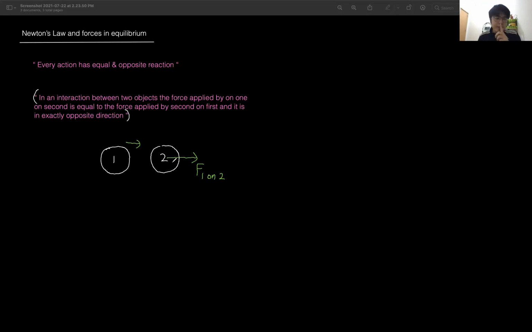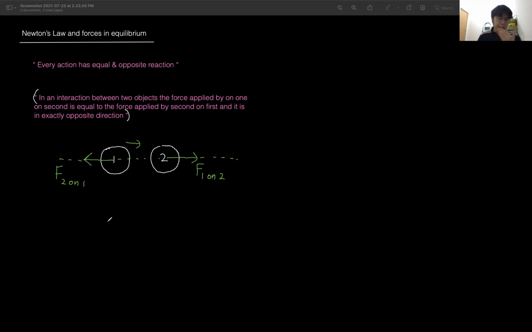Due to the rule of nature, every time you apply a force on one object, that object will apply the same force on the first object. So the second ball will apply a force on the first ball, that's F2 on 1. These two forces have the same line of action, the same magnitude, but opposite in direction.